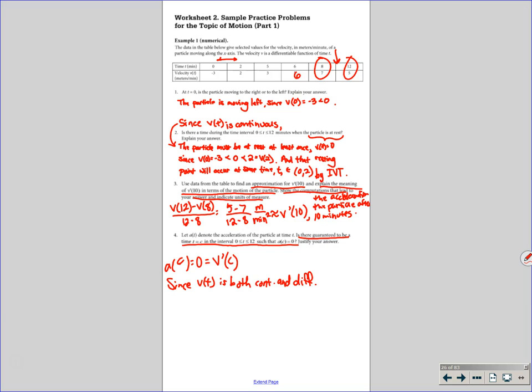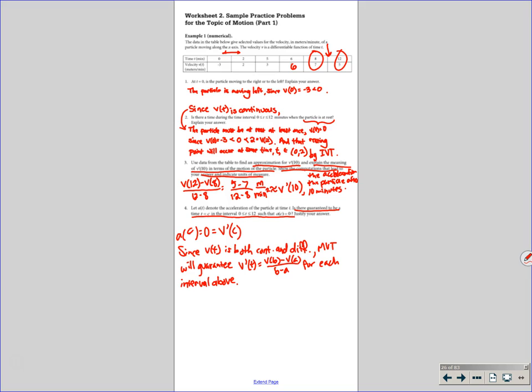Since velocity is both continuous and differentiable, MVT will guarantee V prime of t will equal V of b minus V of a all over b minus a for each interval above. So far so good?